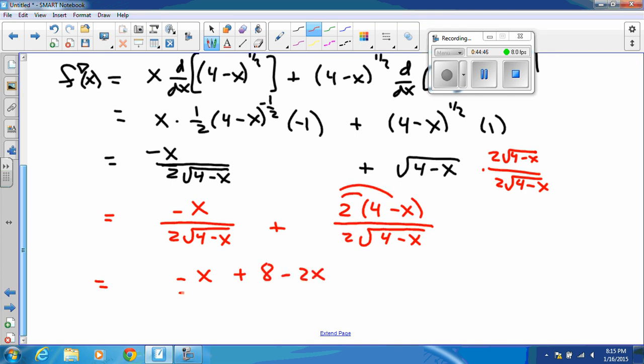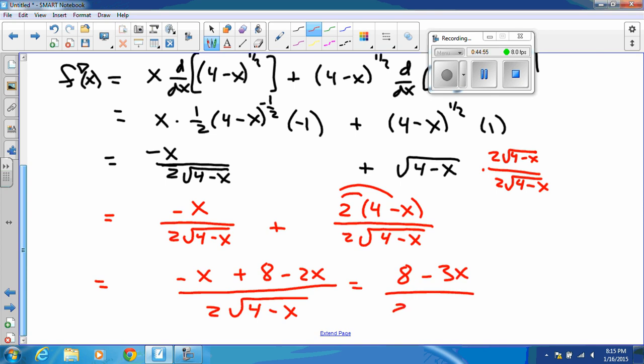And on the top here, I'm going to get 2 times, notice that the square root of 4 minus x times the square root of 4 minus x is simply 4 minus x. So that when I now add these with a common denominator, I get negative x plus 8 minus 2x all over 2 root 4 minus x.